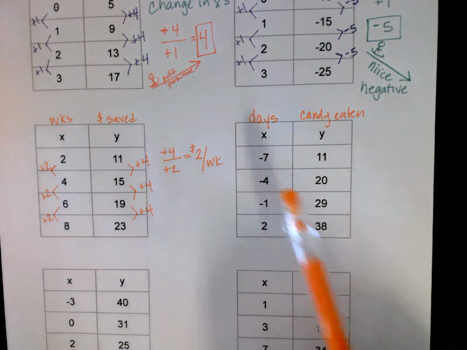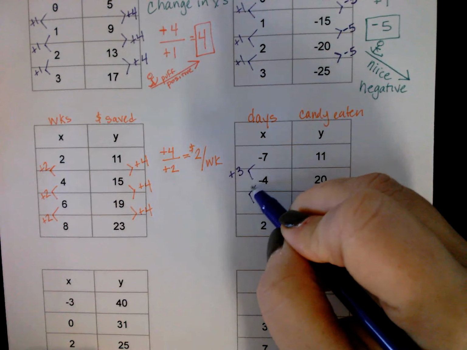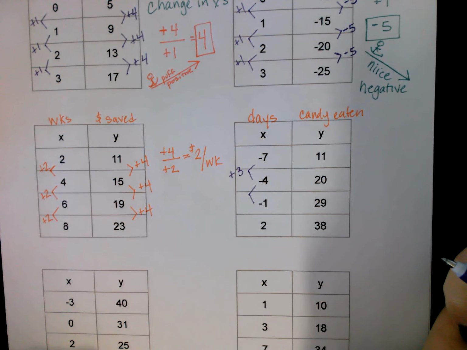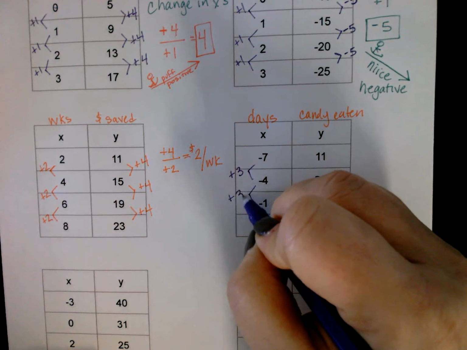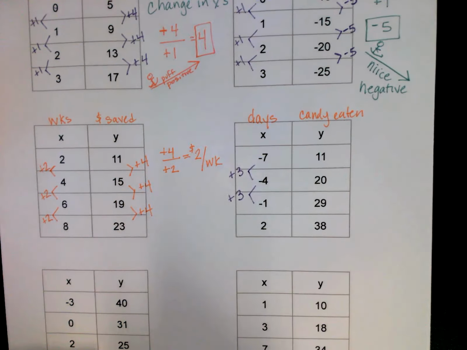So a week ago, here we go, -7 to -4. How do we do that? We would add 3. To go -4 to -1, we would have to add 3. -1 to 2 is a +3.